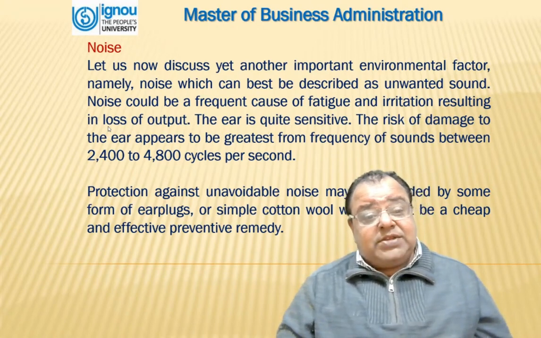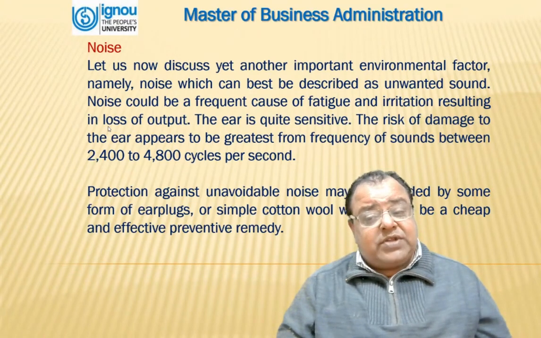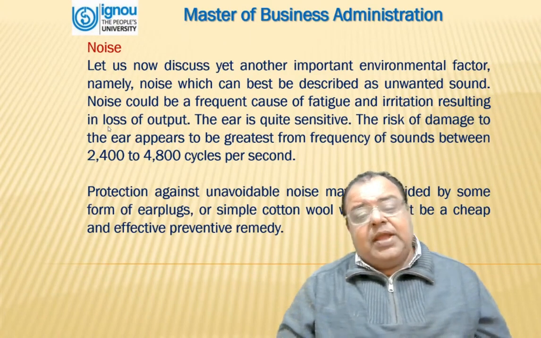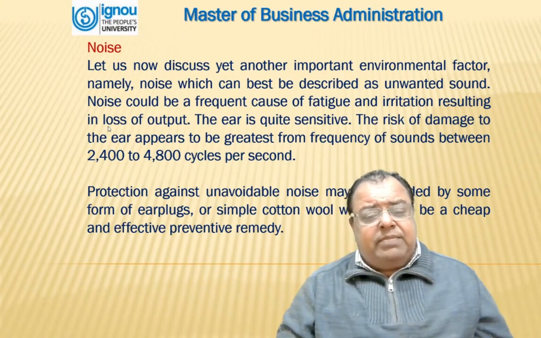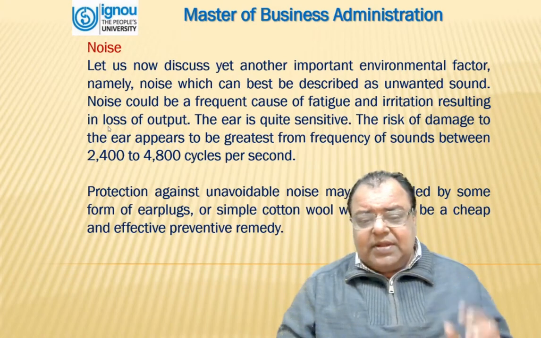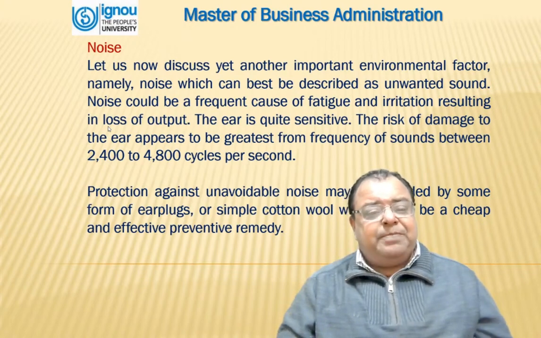The risk of damage to the ear appears to be greatest from sounds with frequencies between 2400 and 4800 cycles per second. Protection against unavoidable noise may be provided by some form of earplugs or simple cotton wool, which might be a cheap and effective preventive remedy.